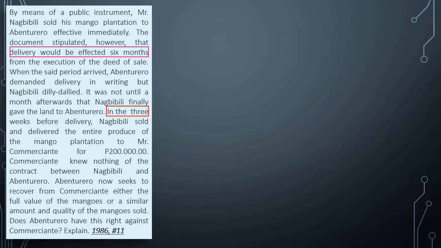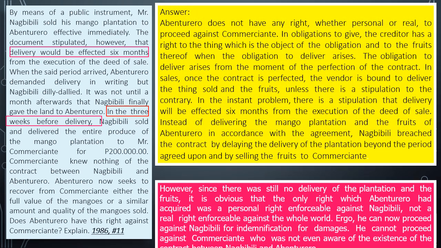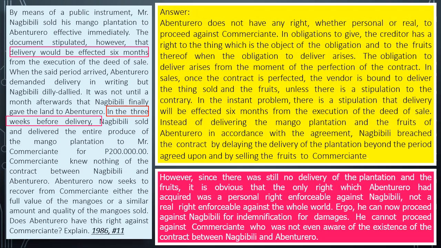If it is a real right, and that happens if there is now a delivery, that is the only time that Mr. Abenturero can enforce it against Mr. Comerciante. So this is also the answer of the UP Law Center.